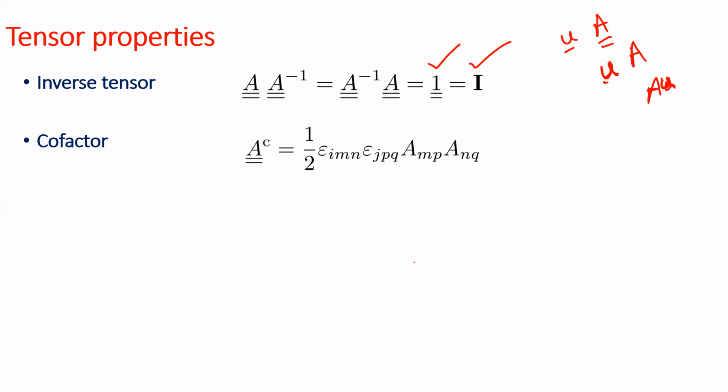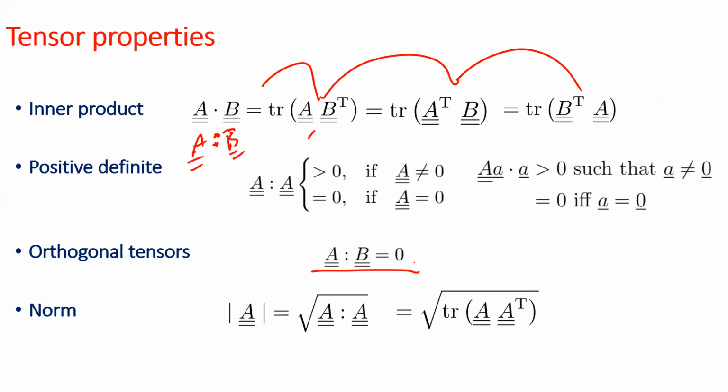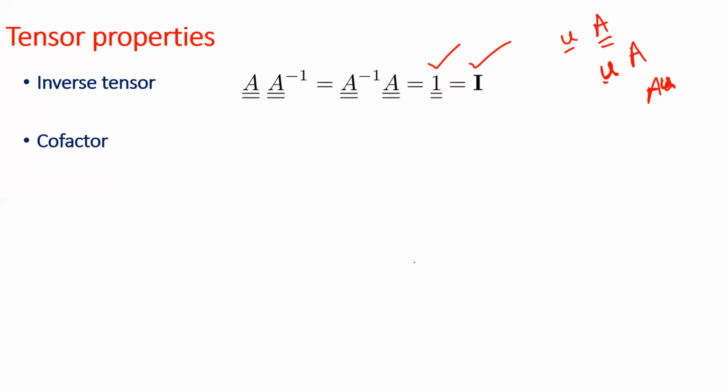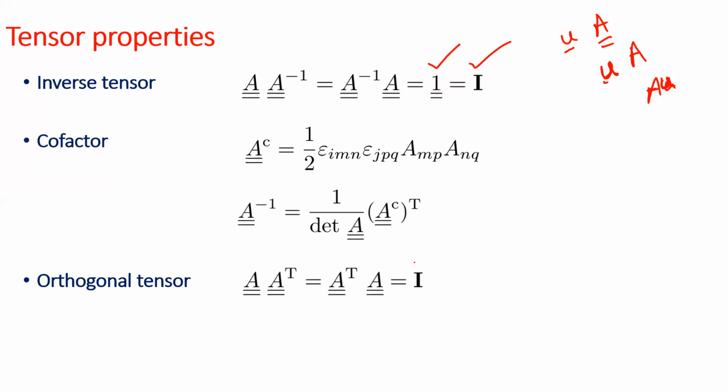Two tensors are mutually orthogonal when the inner product is 0. Here a tensor is orthogonal so long as the product of it with its transpose is the identity tensor.